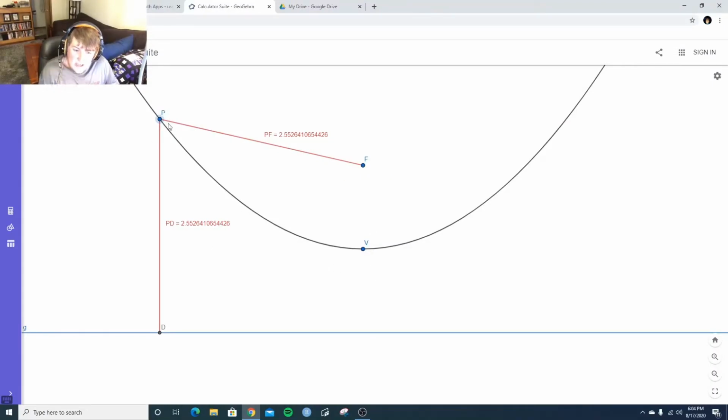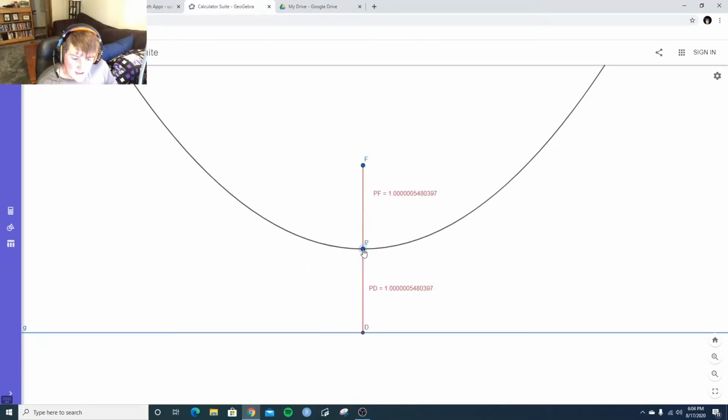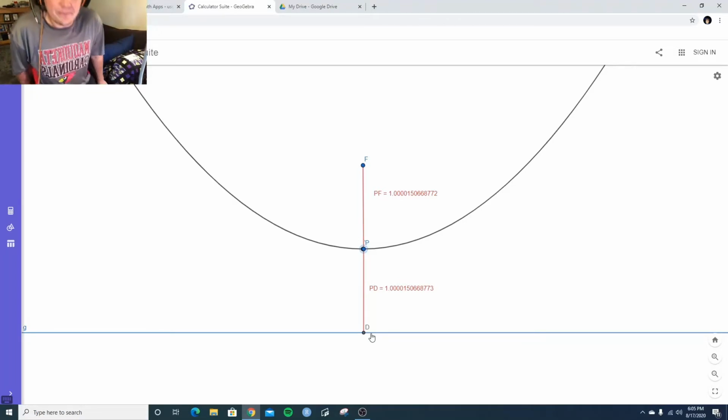They are all the same, but if you look at the distance from the vertex to the focus and the vertex to the directrix, that distance is going to be the same, just like any other point would be. So this is going to be pretty important. The distance between the vertex and the focus, I think we're going to call it lowercase p. That will represent the distance here.